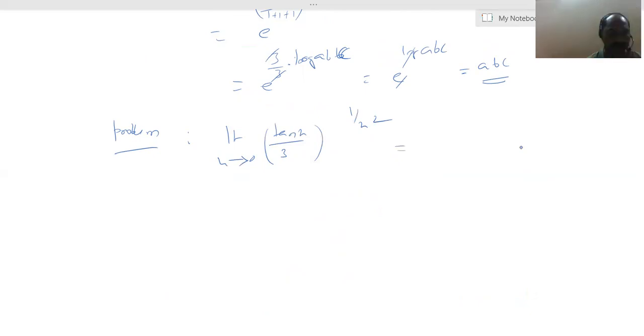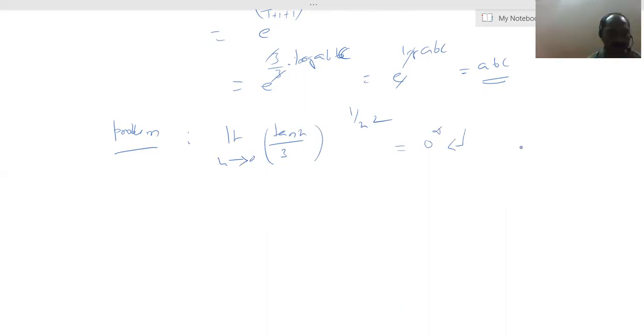Substituting 0, tan 0 by 3 is 0, and 1 by 0 square means infinity. It is a 0 power infinity form.